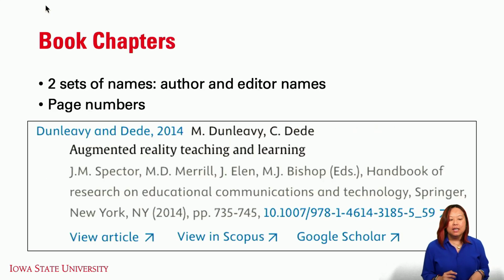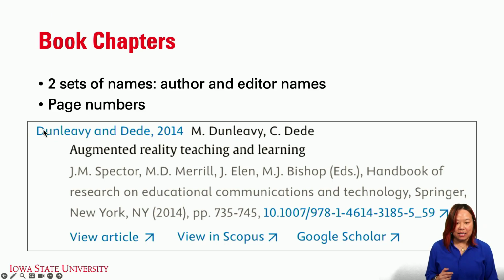All right. Book chapters sort of look like a book, except there's two sets of names. And you can see that here. These are the authors that are mentioned in the beginning, and usually they are. And then there's editors that are mentioned after the title of the chapter, okay?